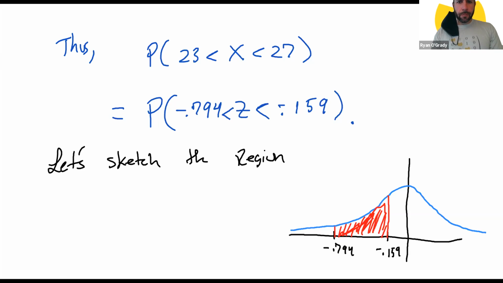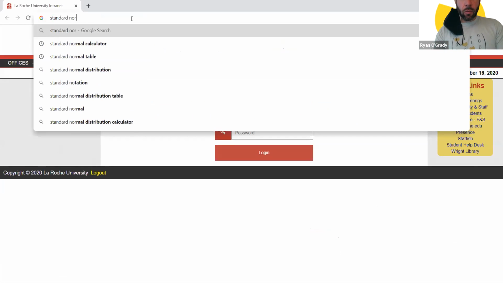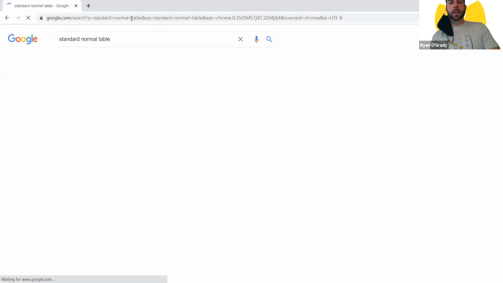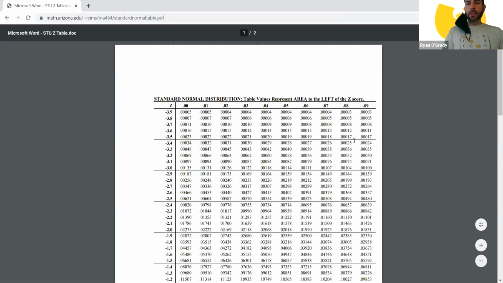Let me Google for the standard normal table. It's one way you can Google it. And let's think about our values. So this is the table we've used before.